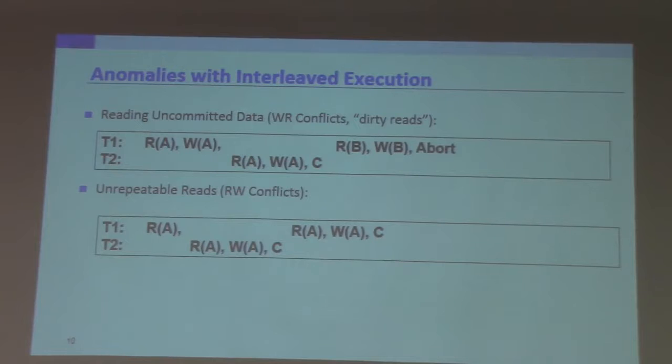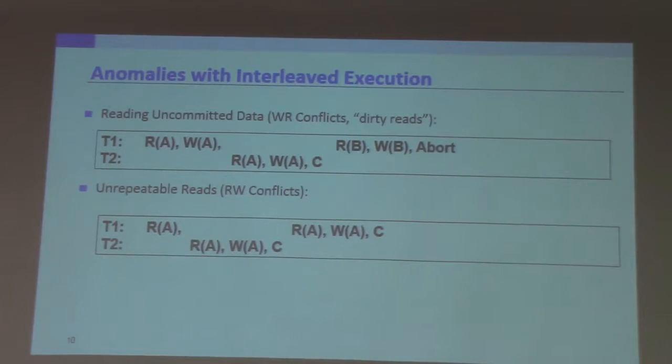And for that purpose, we're going to introduce what we call anomalies between actions. In particular, we're going to introduce three types of anomalies. The first anomaly is what we call write and read conflict. Reading uncommitted data.